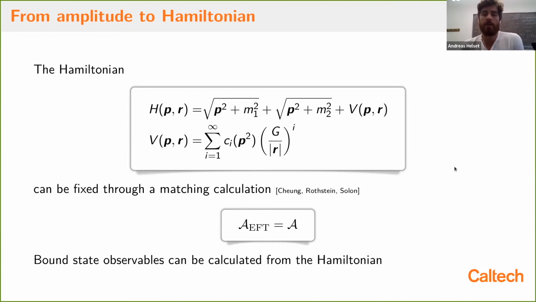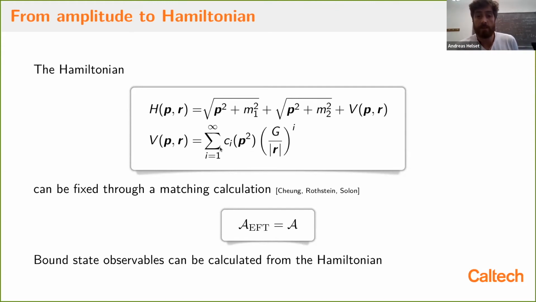So here's the Hamiltonian for two objects in the center of mass frame interacting through some potential V. This potential has these unfixed form factors, and you can include higher and higher corrections in G Newton in this potential. A priori, these form factors are unknown, and that's what we want to fix.